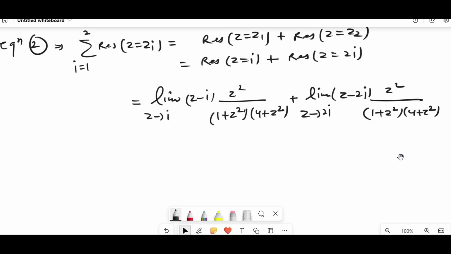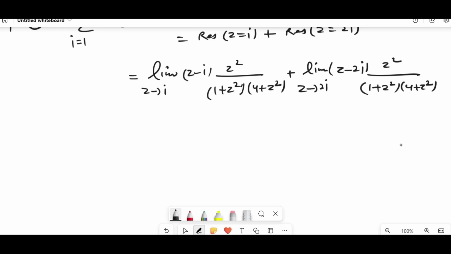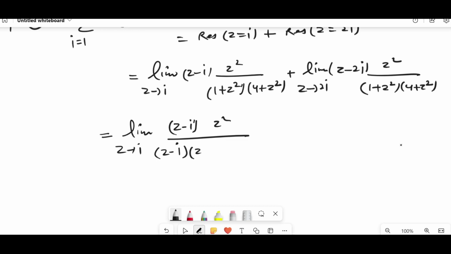So further simplifying we will get the limit z tending to i, and you can see this factor will be cancelled out, that is z minus i and z plus i, leaving z square over z plus i times 4 plus z square.